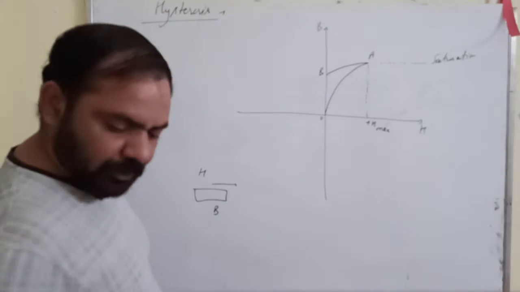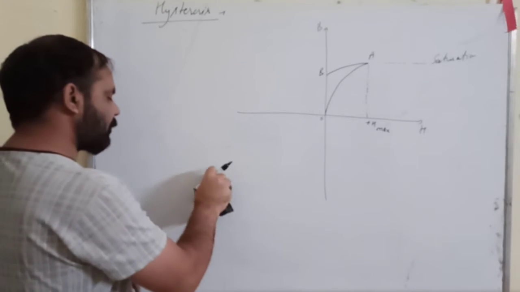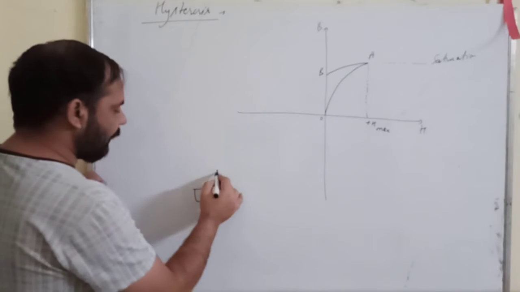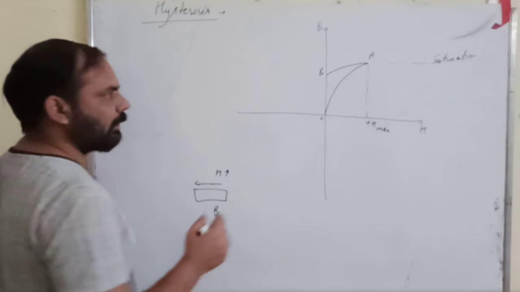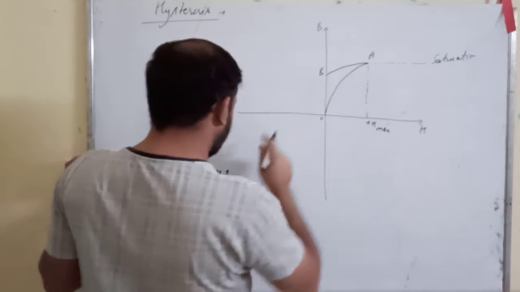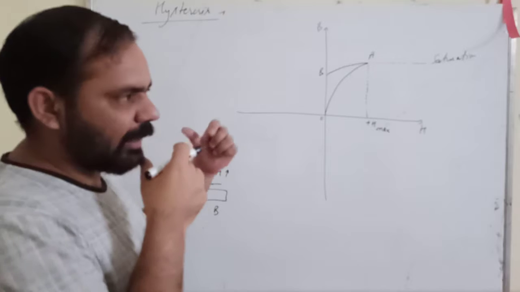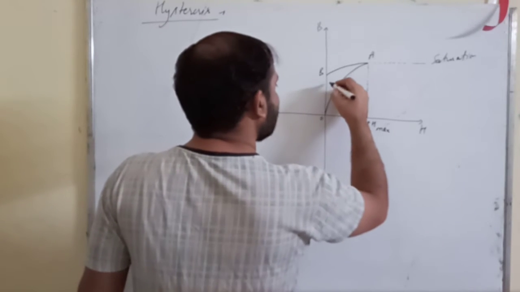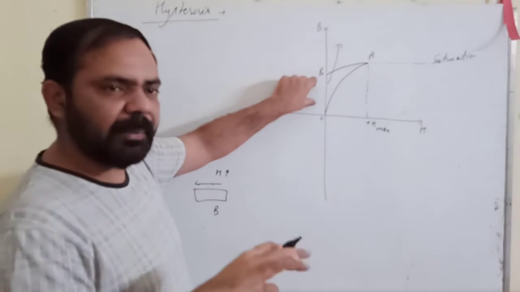So now what happened here? We have reduced the value of H to 0. Now we increase the value of H again, but in the opposite direction. Before starting to reduce in the opposite direction, there is one thing: what this part represents. This represents the value of B which is retained by the body.